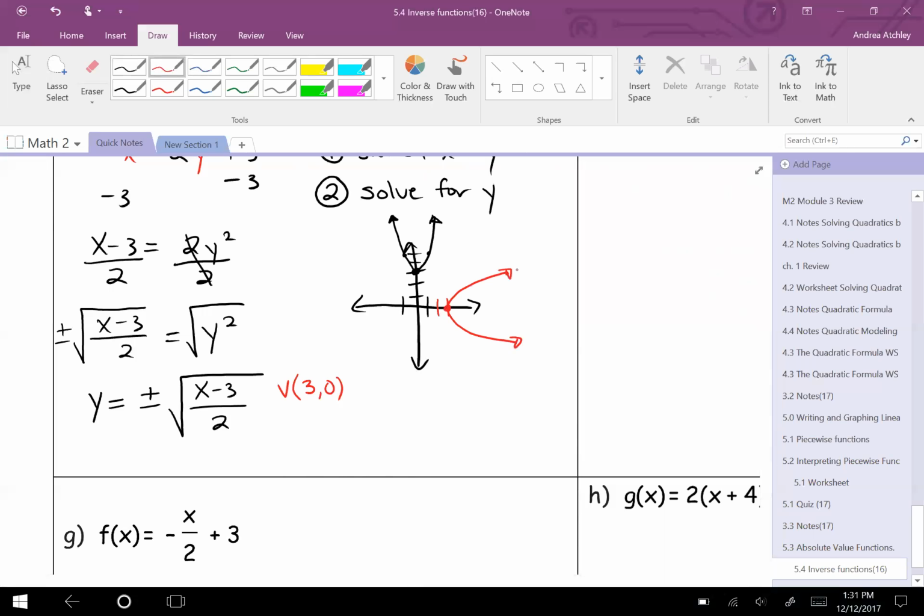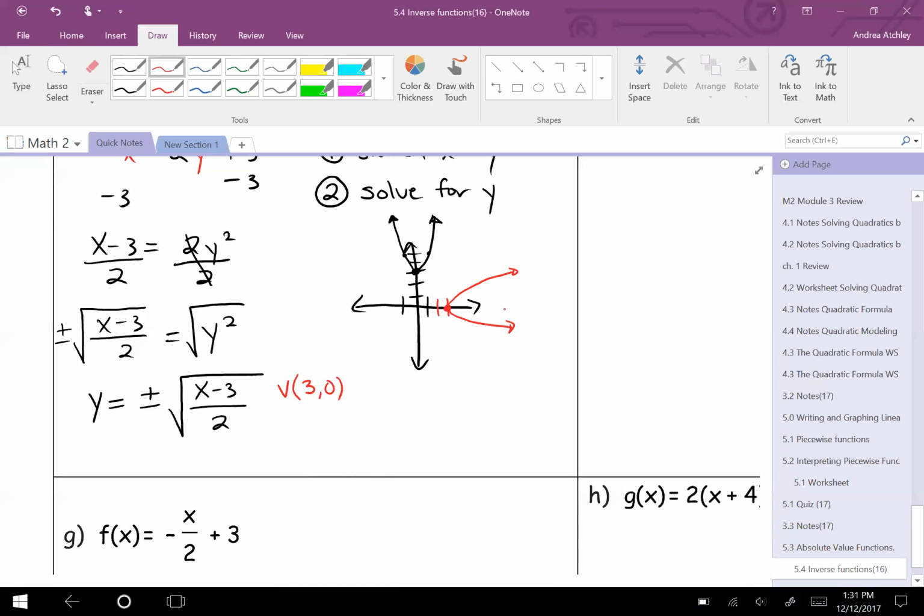It's kind of a bigger parabola, so let's try and do that. Okay, so that would be my graph of my inverse. About. It's not exact. I'm just kind of sketching it, because it just takes the ordered pairs and switches the x and y values.